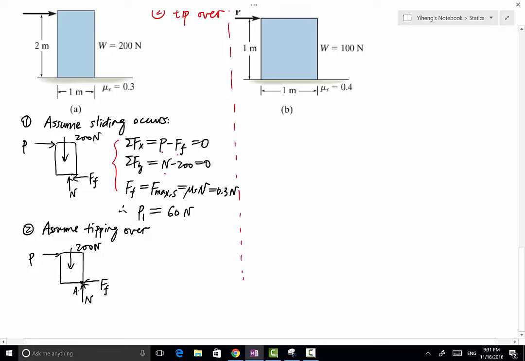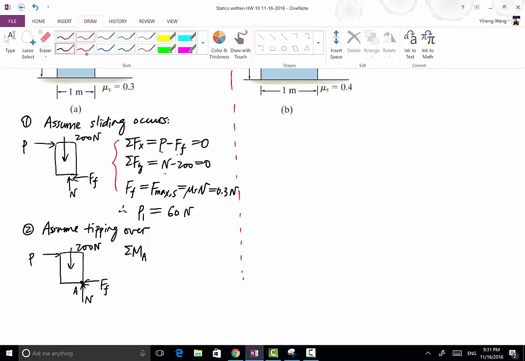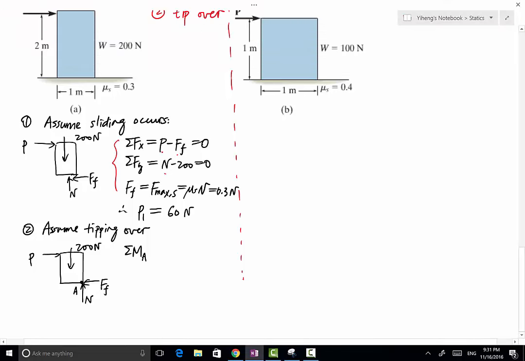We can skip the force equilibrium equations and write a moment equilibrium equation about point A. We couldn't do that for the previous case, because we did not know the location of the normal force.